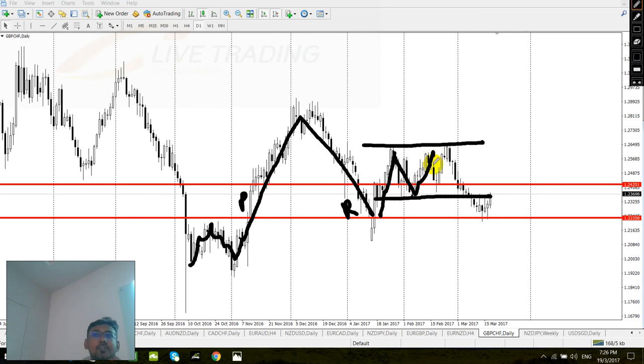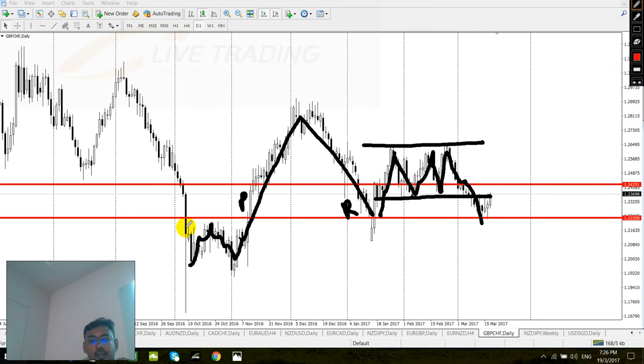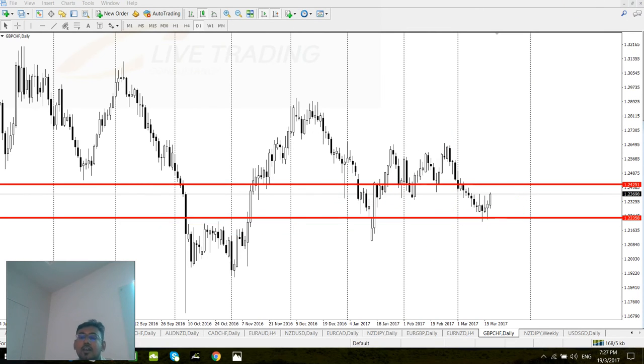Tried to penetrate high, failed. Tried to penetrate down, failed. Failed, failed, penetrated. But okay, in this scenario, this is also a limitation. There's a limitation over here, and there's a limitation over here. Basically, the GBP Swiss franc is stuck in a very small range.